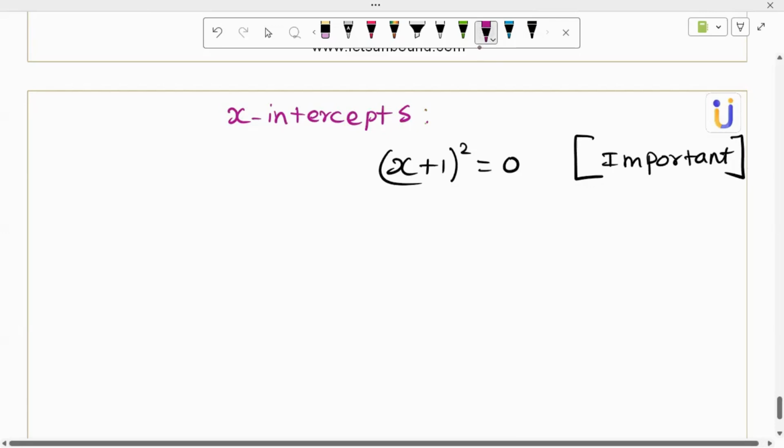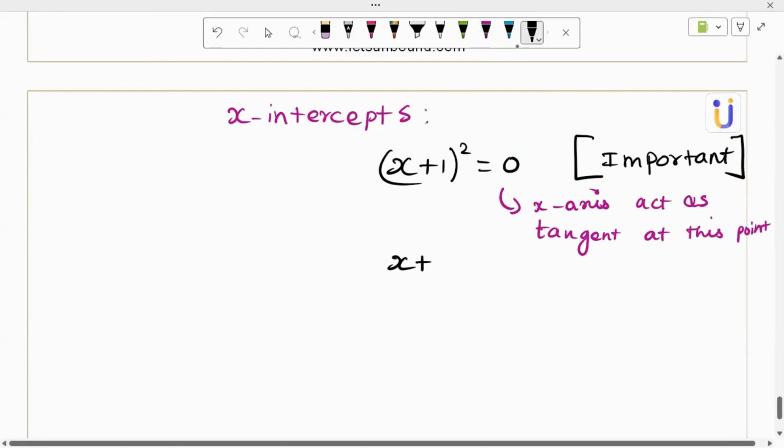So the x-axis will act as a tangent when you have a power 2. X-axis acts as a tangent at this point. So what is that point? x plus 1 equals 0, x is equal to minus 1, and y is equal to 0. So minus 1 comma 0.